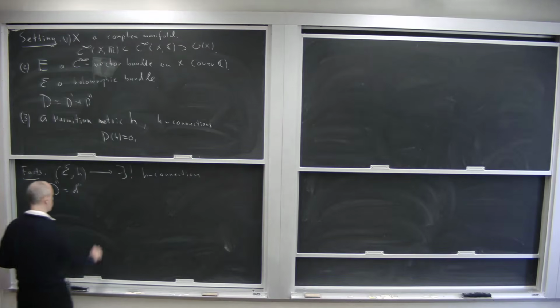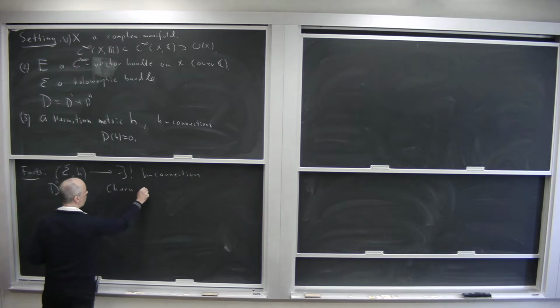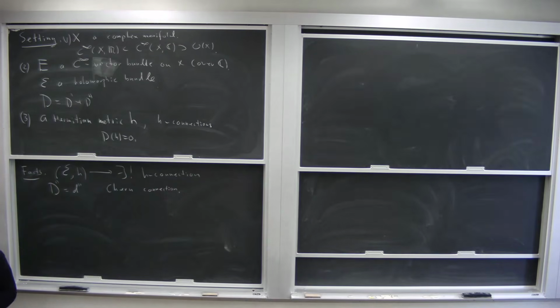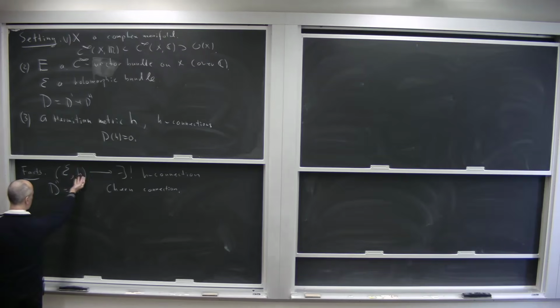In other words, this is the Chern connection. So I'll have a unique connection corresponding to holomorphic structure and Hermitian structure, and that's a very simple fact.